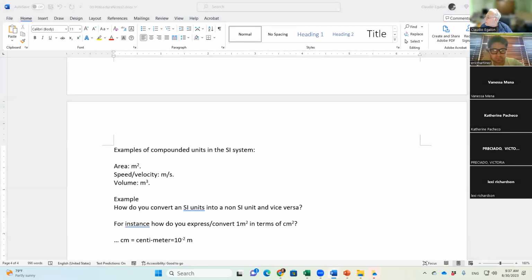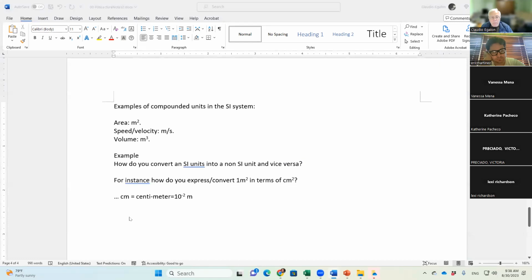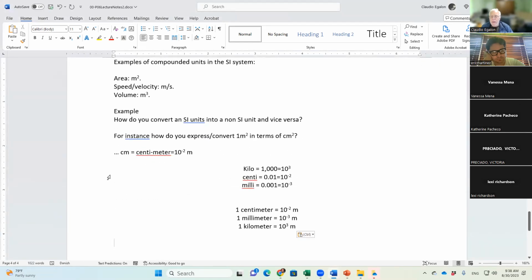And I'm even going to give you a little table. Yeah, here you go. That's what we call centi, just one type of prefix. Those prefixes work like this.